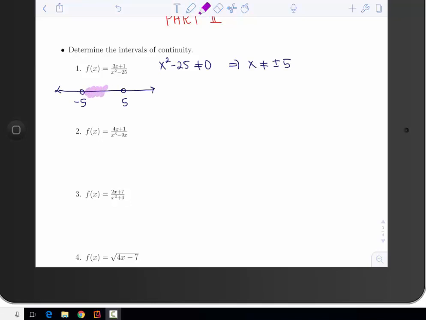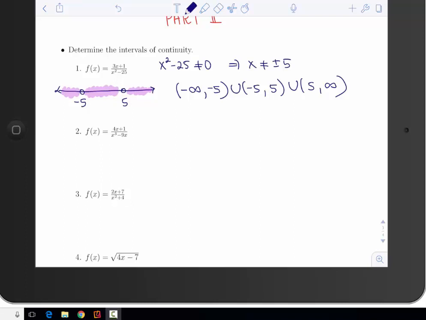And everything else is okay. All right, so this rational function is continuous everywhere except negative 5 and 5. Okay, so the interval would be from negative infinity to negative 5, union negative 5 to 5, union 5 to positive infinity.